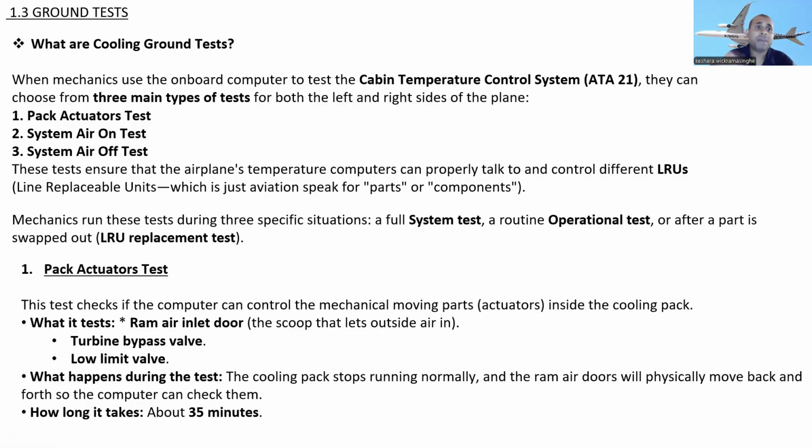These are the pack actuator test, the system air on test, and the system air off test. Remember, the pack actuators test, system air on test, and system air off test.